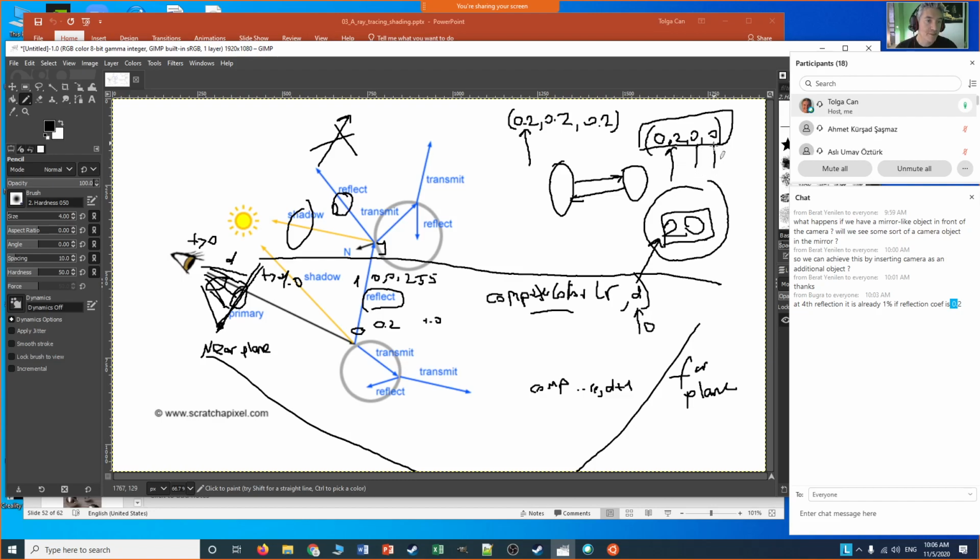Green and blue components, I do not reflect. So you may have reflections that differ across color channels.